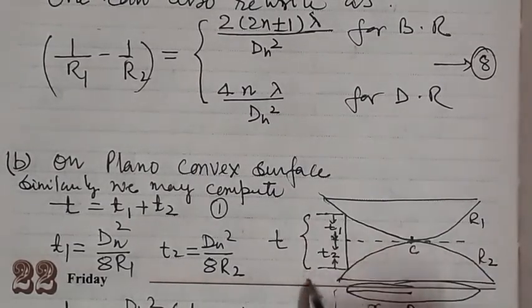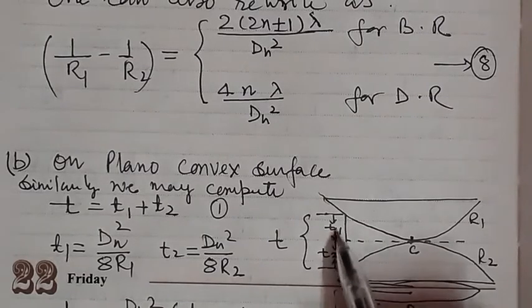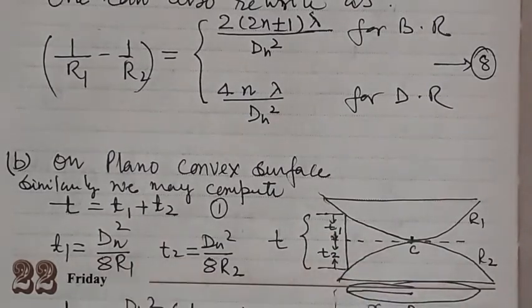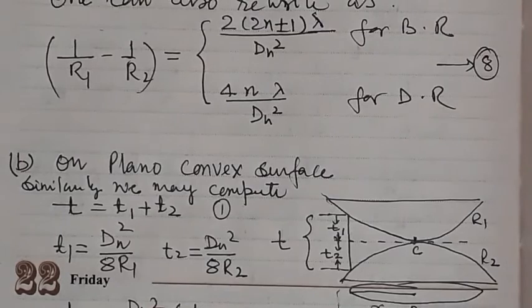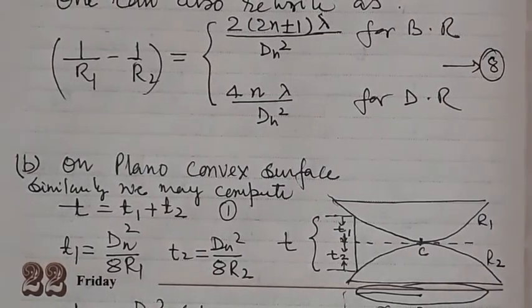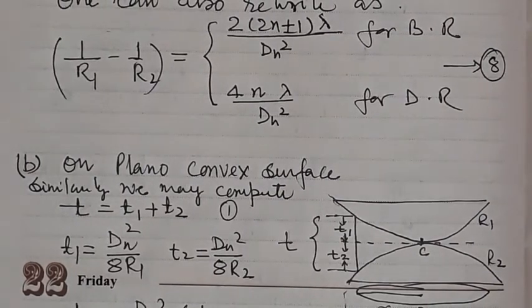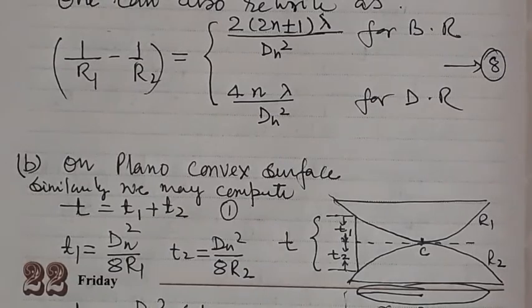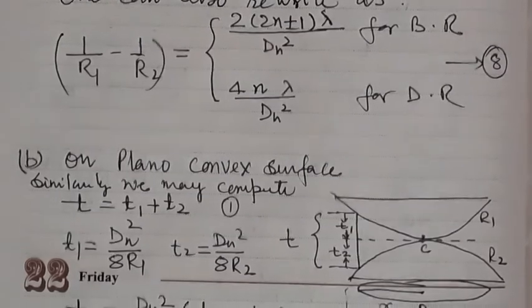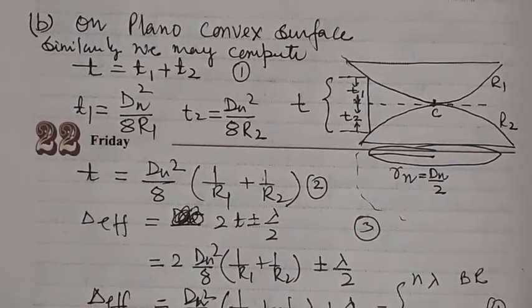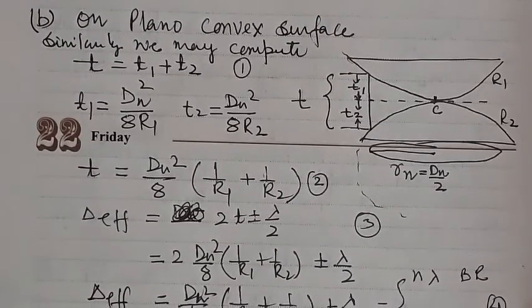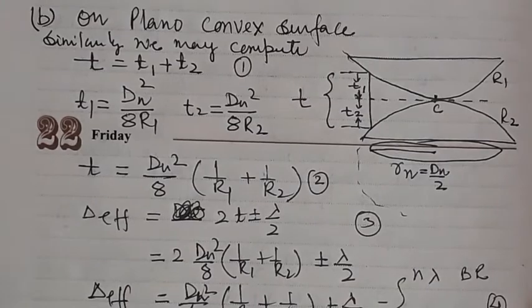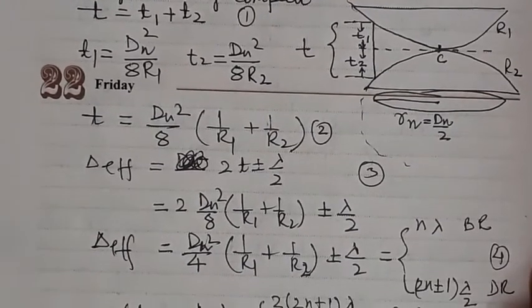So the total thickness of the wedge shape is T1 plus T2, that is T. In a very similar way we compute the values of T1 and T2, substitute them, find the effective path difference and equate it with the conditions of maxima and minima.